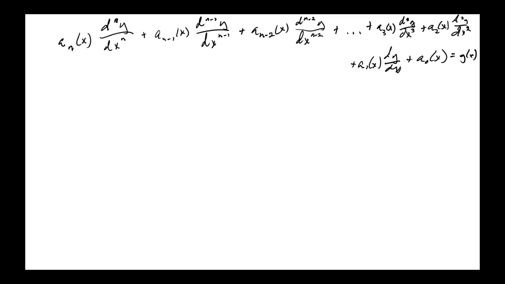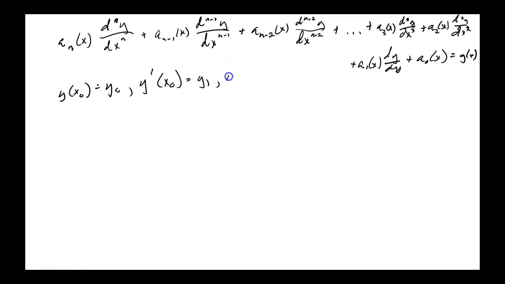Here is your initial value part. Subject to y at x sub 0, some value of x, we'll call it y sub 0. And then we'll have y prime at x sub 0, also at the same value of x, we'll call this y sub 1.